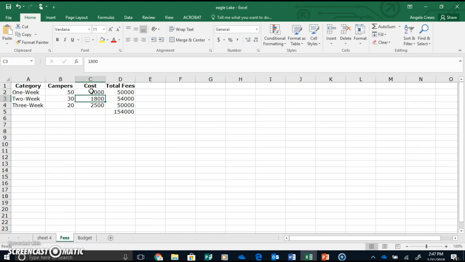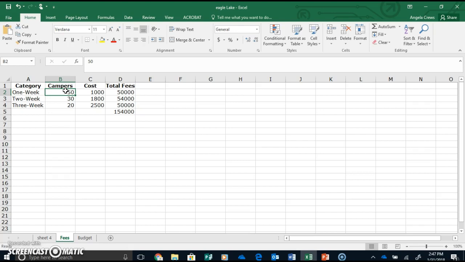Because you changed that fee, it says, what if an increase in the 1-week camp fee results in a 30% drop in the number of campers you can expect in 2017? How many campers do you project with the new 1-week fee? So right now we think 50 campers would come with the cost of $900. So now that it's $1,000, we think it's going to drop by 30%. There is a formula on your sheet that you can use.